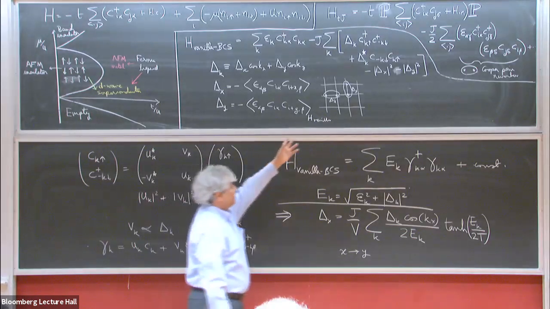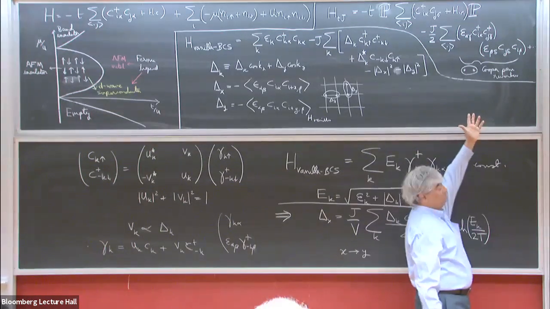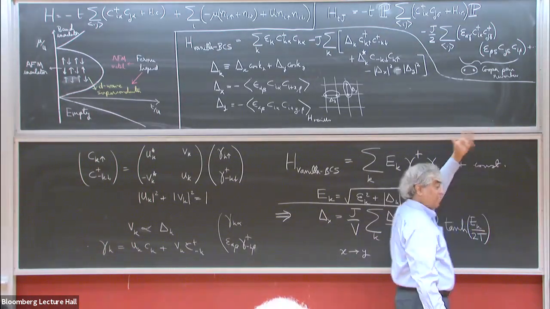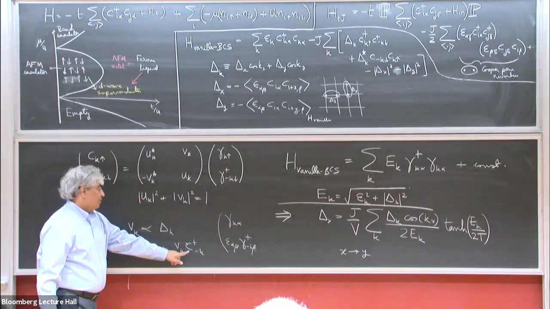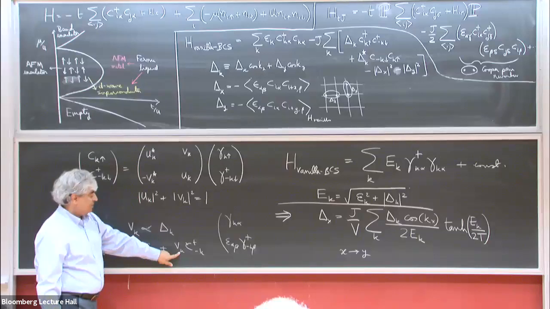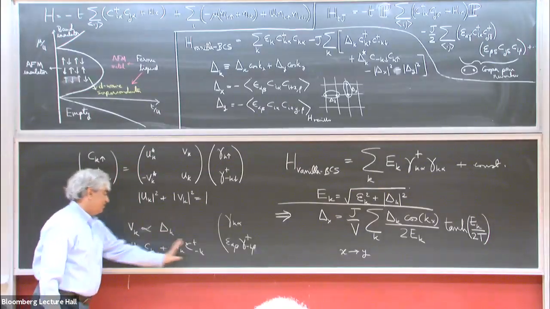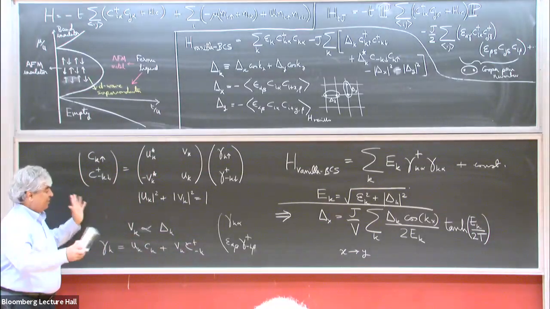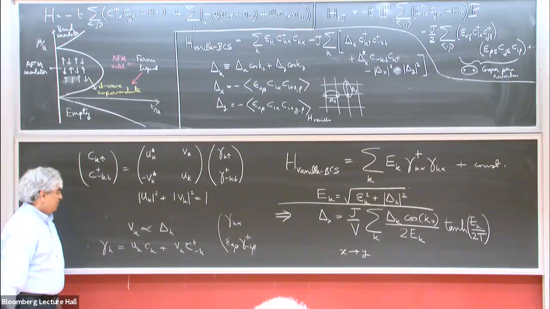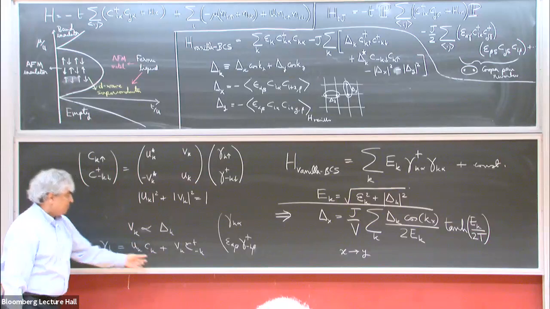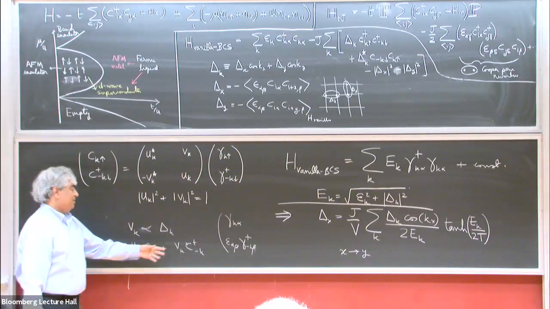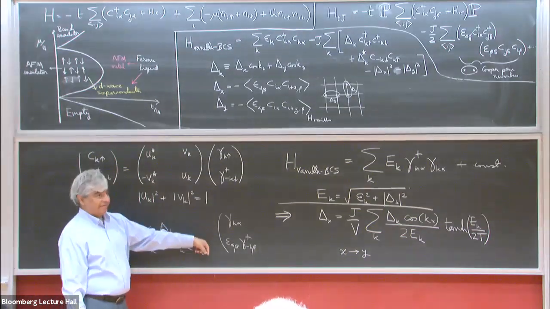And if you remember, the delta is a Cooper pair annihilation operator. It removes a pair of electrons. So you're adding an electron here and you're adding and removing a pair of electrons in here. And so that's why, at least formally, particle number is conserved. But the gamma K is a linear combination of two processes: one in which you remove an electron, and the other where you remove a Cooper pair and add an electron.